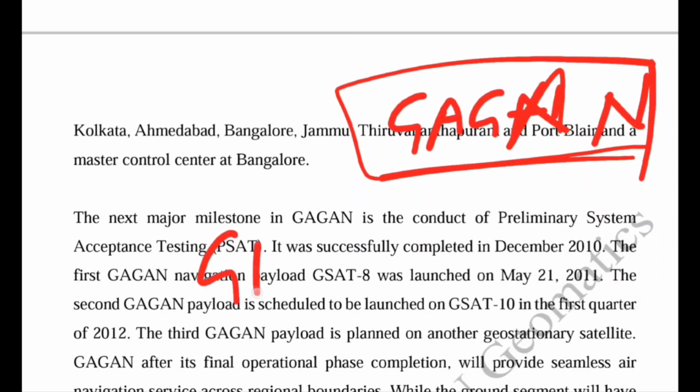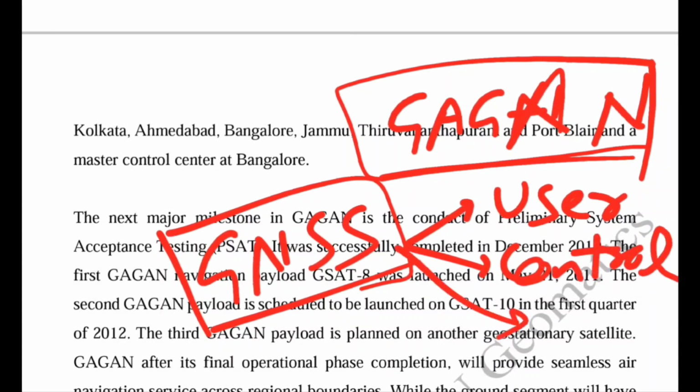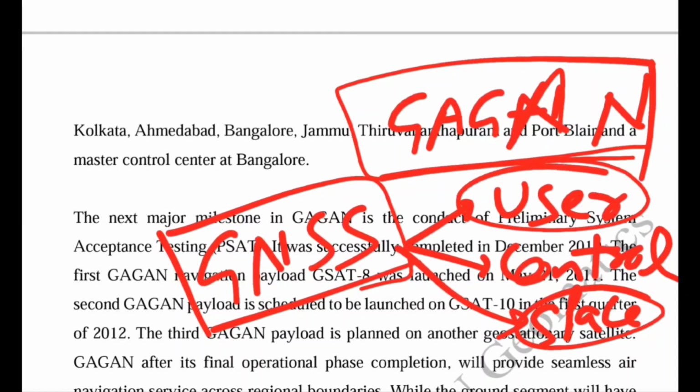As with all other GNSS systems, it has three components: the user segment, second is the control segment, and the third one is the space segment. So the space segment considers the satellites which India is developing, and another is the user segment, meaning the receiver which records the signal or decodes the satellite signals, so they can calculate their position automatically.